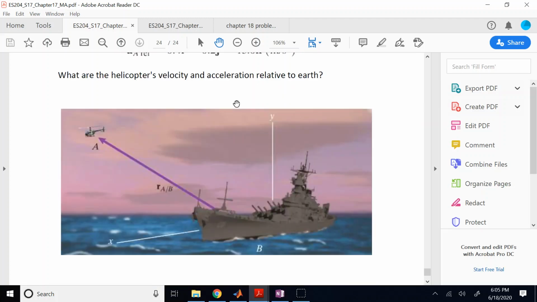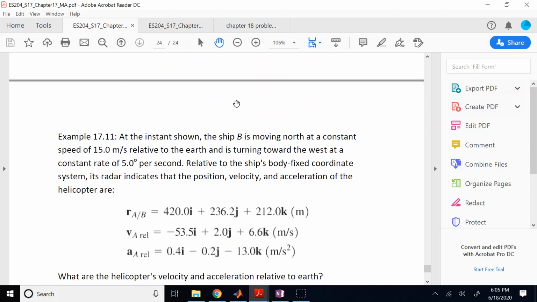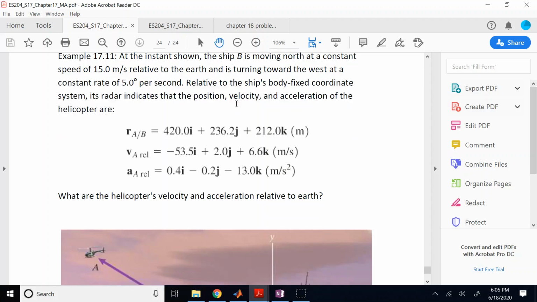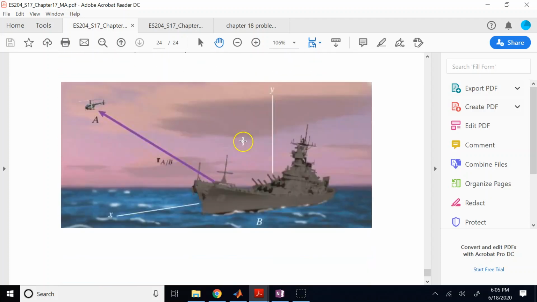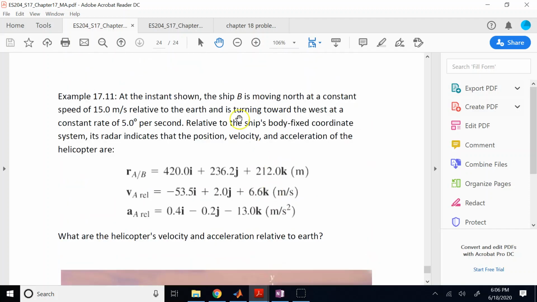So here we're going to look at example 17.11, the one that I mentioned in the previous lecture also, that you have a ship, and this warship is moving north at a constant speed of 15 meters per second. And it's also turning toward west at a constant rate of 5 degrees per second.